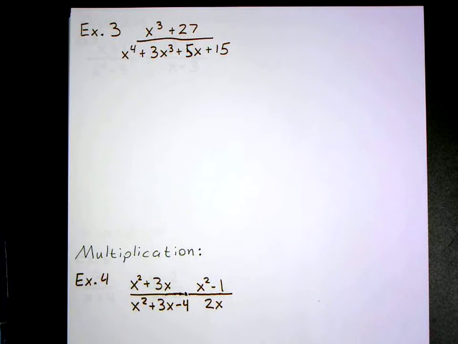Okay, top one is sum and difference of cubes. The rule is really the same no matter whether you have a plus or minus sign. The only difference is where you put a plus or minus sign. So let me write out the rule for the sum of cubes, then I'll show you the change if you have a difference of cubes.